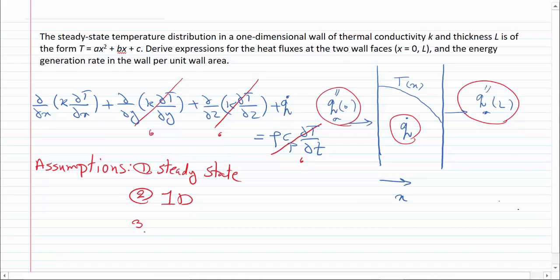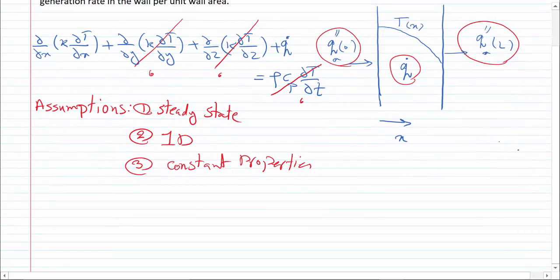And finally, third, I'm going to assume that the properties are constant. If that's the case, I can reorganize the equation, and it's going to be in the following form: second derivative of temperature with respect to x plus q dot over k equals 0.